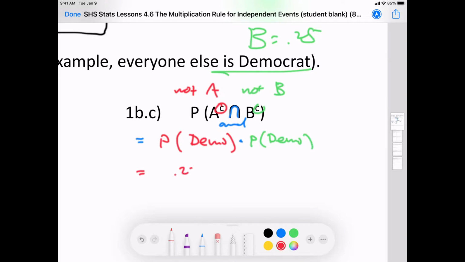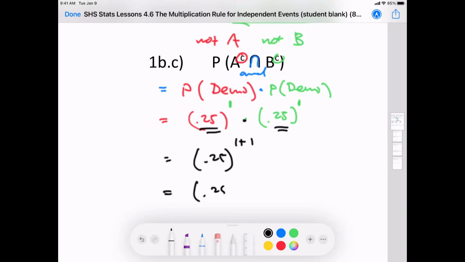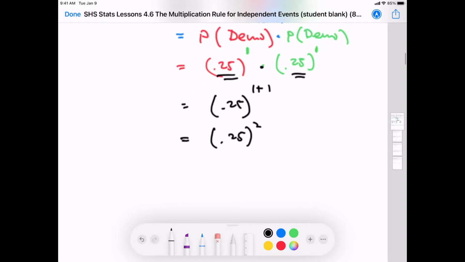And this would be 0.25 times 0.25. Because this is multiplication, I want to review some exponents, super helpful for today's lesson. When you have the same base and you are multiplying them, you can add the exponents. So really that's 0.25 to the power of 2. That would give you 0.0625, and if you multiply by 100, you'll get 6.25%.